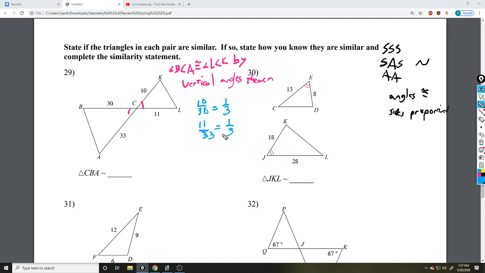Fantastic. So these two match. That means we can say that CBA, let's see, C should match up with C. Since we lined up the 30 with the 10, the B should line up with the K. And since we set up the 33 with the 11, then the A should line up with the L. This was our similarity statements. Matching up our sides and angles properly. Triangle similarity by side, angle, side.